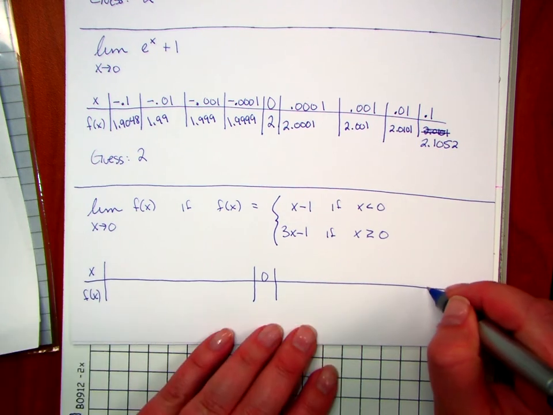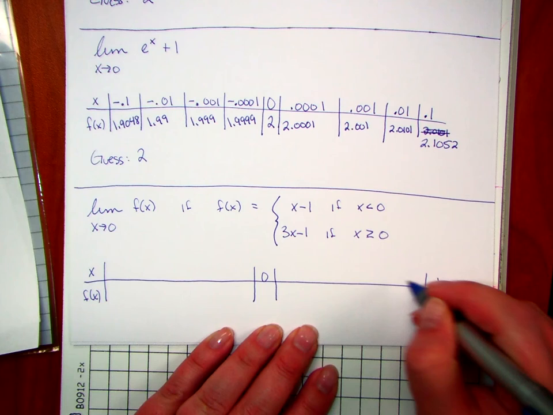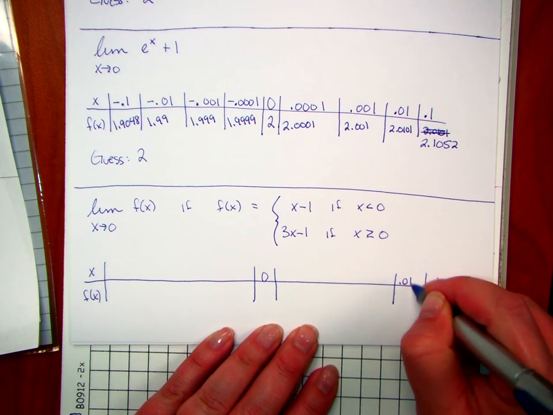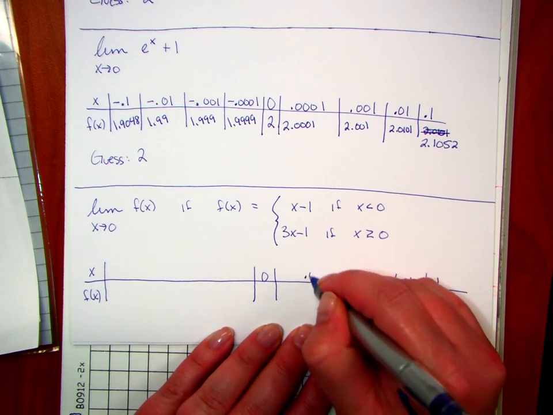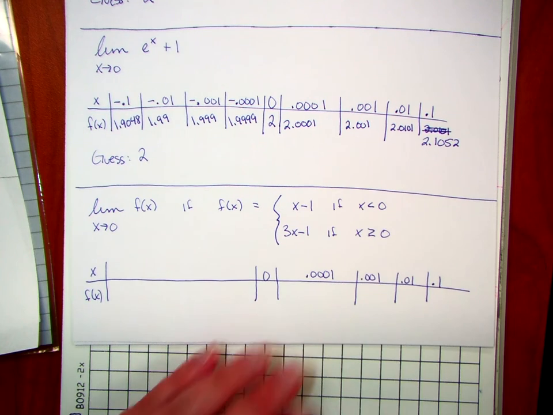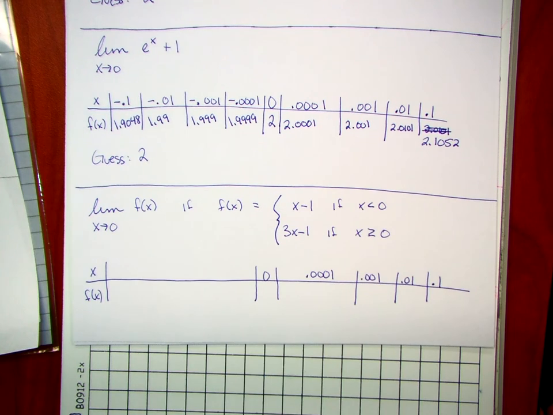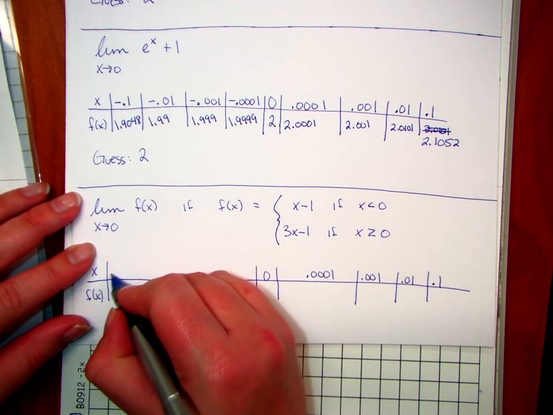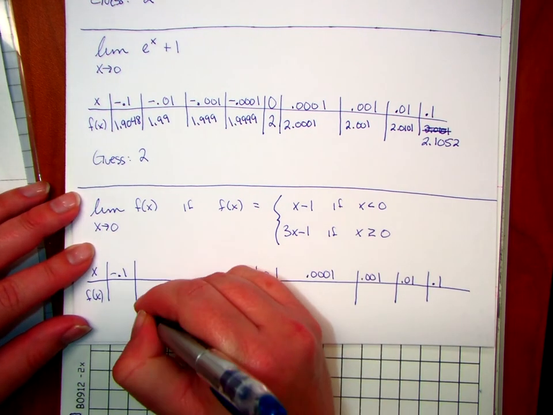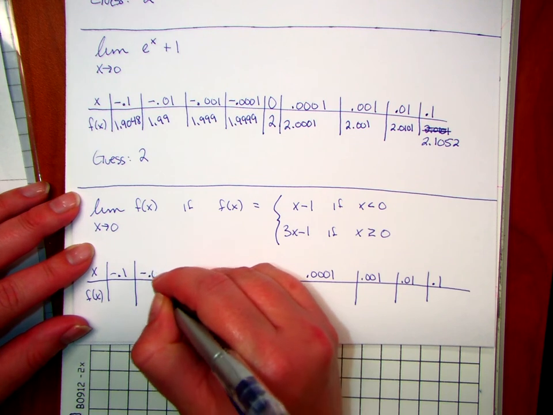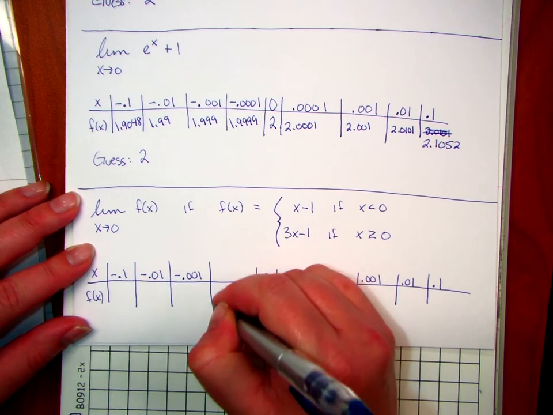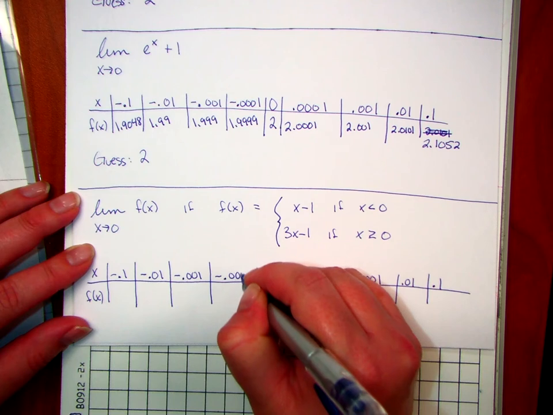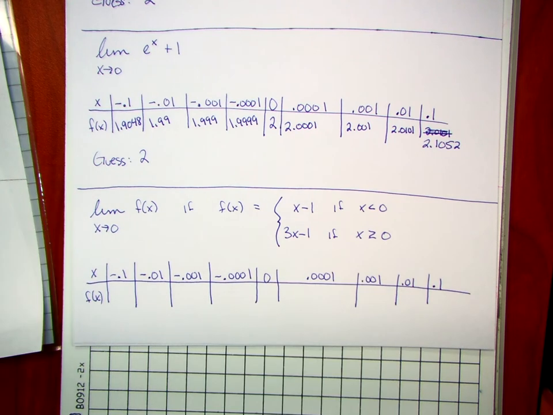Okay, so I'm going to start a 10th away and move closer to 100th away, closer to 1,000th away, and even closer yet to 1/10,000th away. And the same thing on the other side, 1/10th away, then 100th, then 1,000th, and then 1/10,000th. Right? And I'm going to plug those numbers into the function.